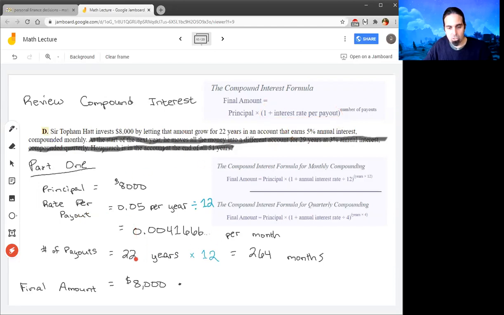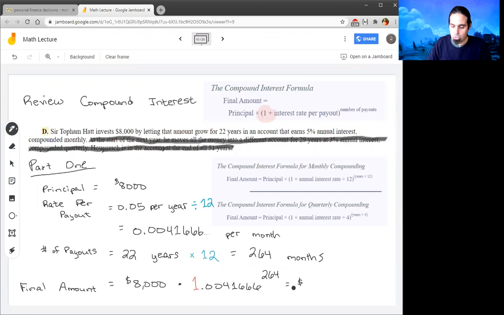The parentheses are just there in the Word version. I can just put a 1 right there. And my exponent will be 264.